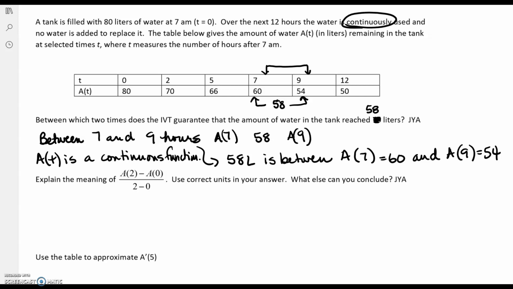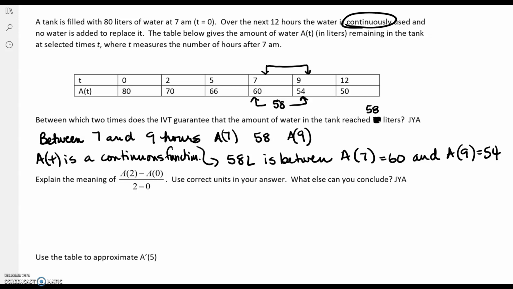You don't have a smooth curve loss of water. You would have these spikes, and something crazy would have to happen for this to not be differentiable.